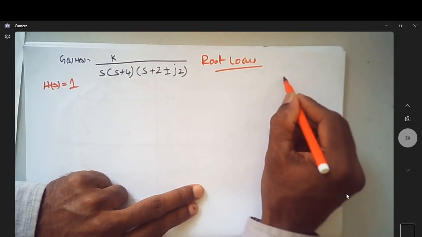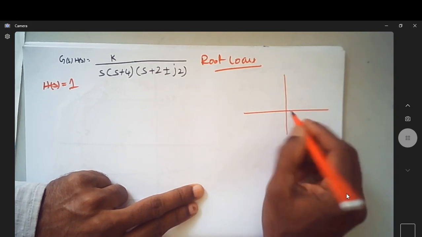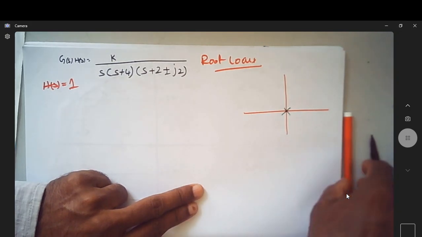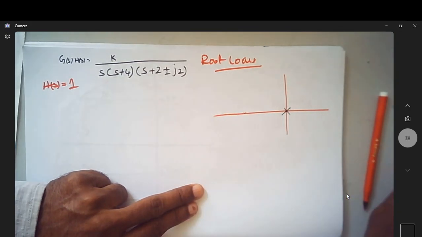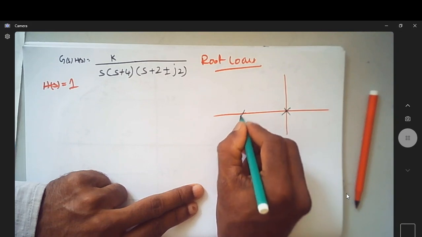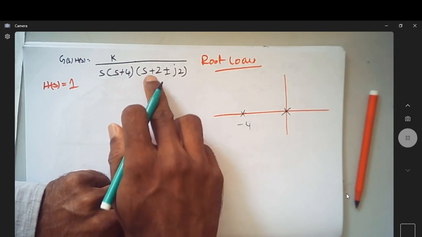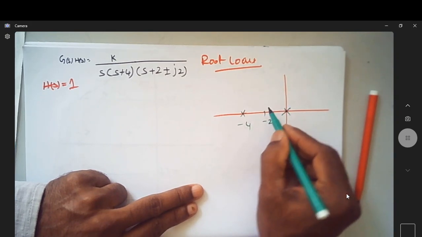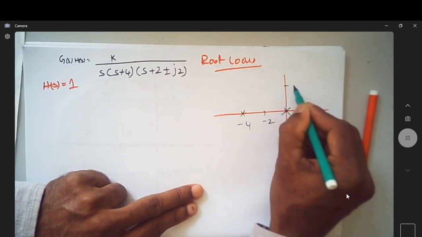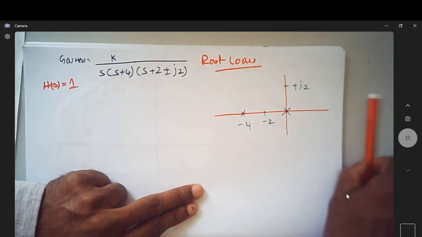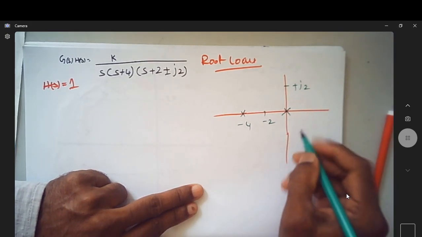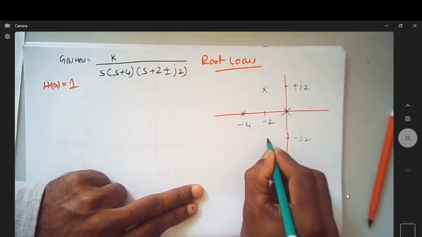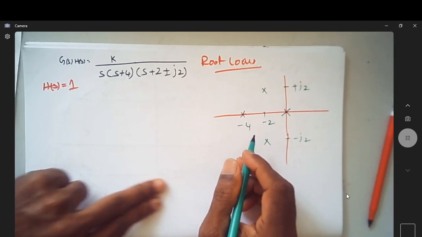Looking at that, we can locate the open loop poles: one is at the origin, one more is at minus 4, and there are two complex poles with real part at minus 2 and imaginary parts plus j2 and minus j2. So these are the 4 pole positions.